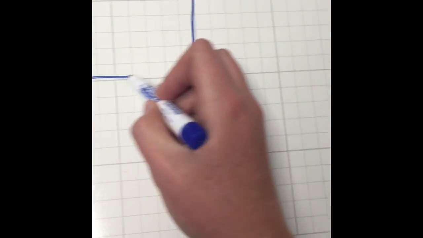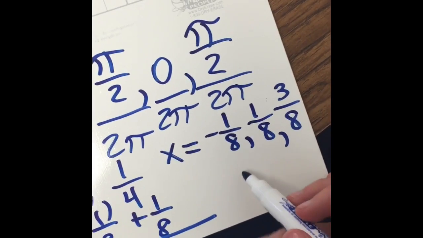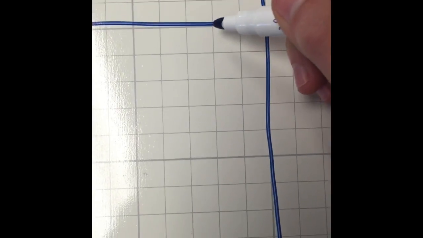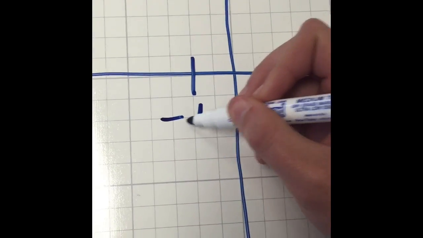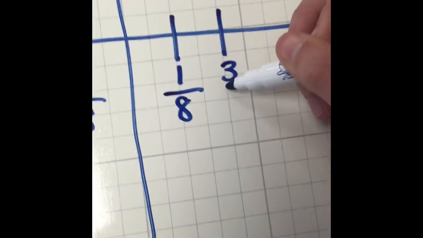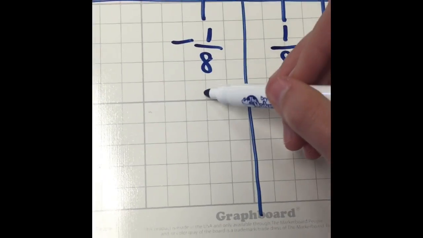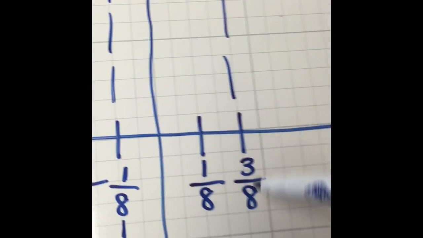And now that we have our points, we can start graphing. So like I said, those outer points, the -1/8 and 3/8, are the vertical asymptotes, which are going to set the boundaries for your graph.